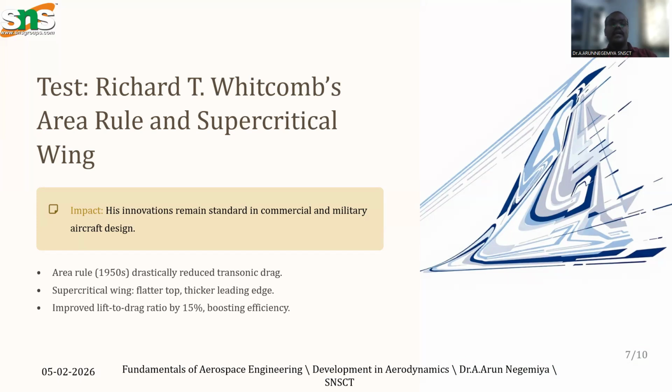And they introduced the supercritical wing. The supercritical wing is fitted with a flatter top and thicker leading edge. By implementing the supercritical wing, the lift to drag ratio can be improved by up to 15%.